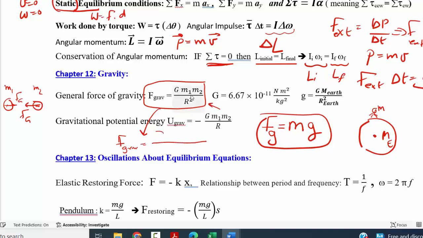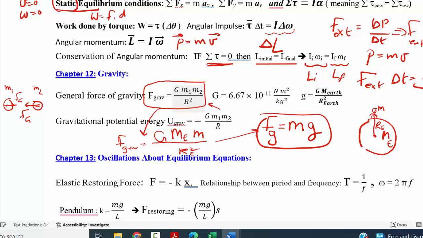Applying this equation will give G times the mass of the Earth times the mass of that person, divided by the radius squared. Now the radius here is the radius of the Earth plus the radius of that person, but if we assume that that person is very small compared to the radius of the Earth, this will be the radius of the Earth, and this will give you the same as this equation.